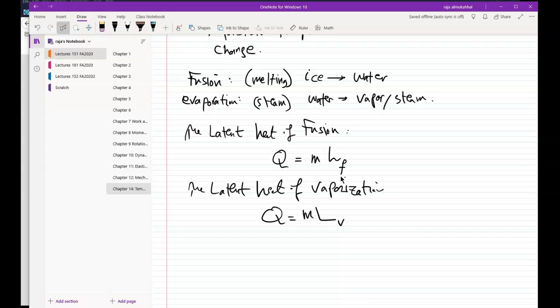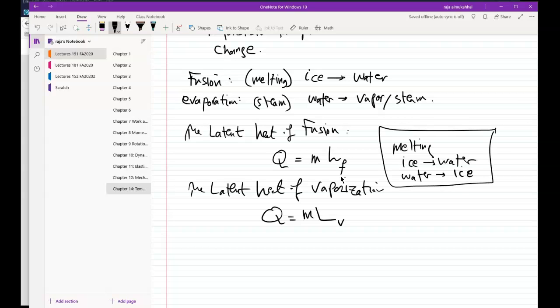So for the fusion, it's melting. Melting means from ice to water, and it's the same amount of energy you need for water into ice. Either direction is fine. And vaporization is from water into steam, or maybe I can collect that steam and liquefy it, from steam into water, and you get the same.